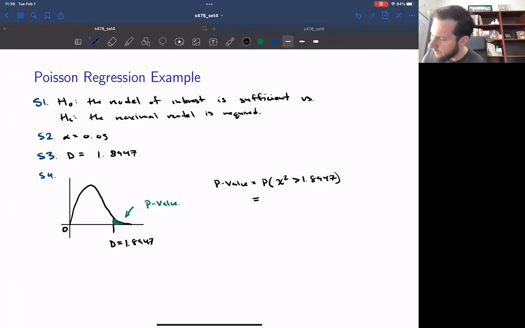So this p-value is going to be 0.9654. I'll just say this is on 7 so that we're clear.